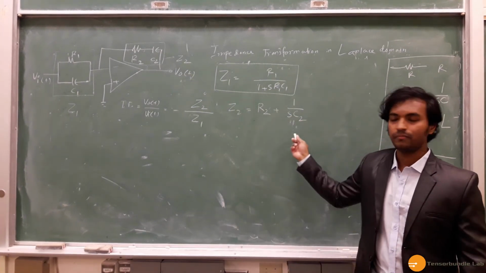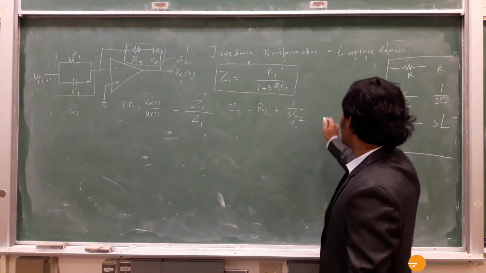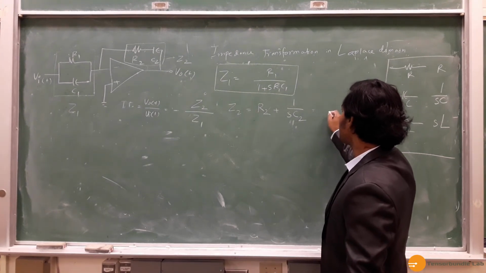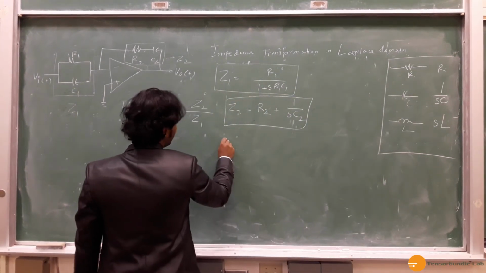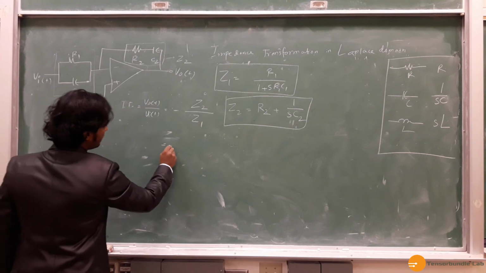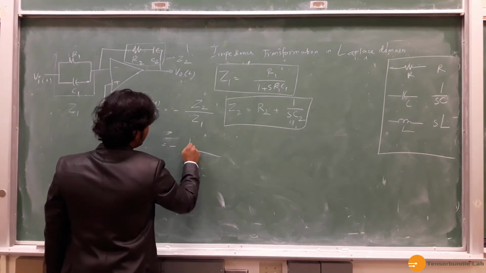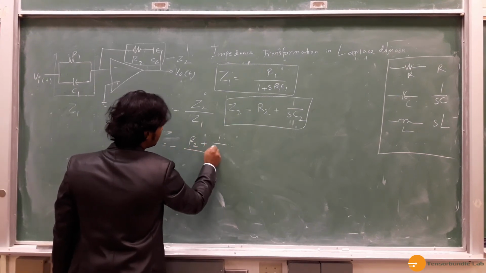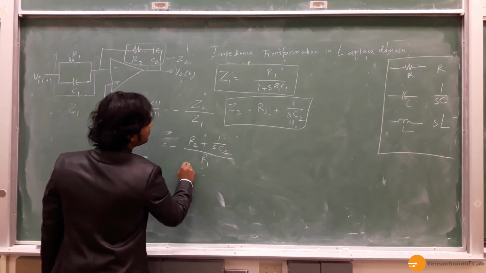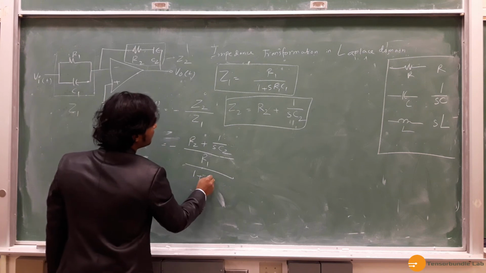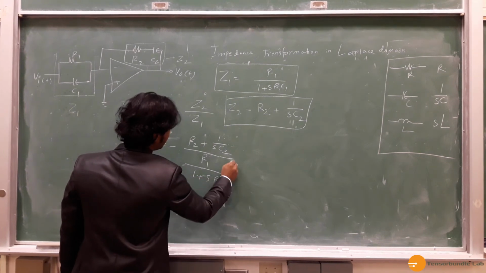Just add them together. Alright? You can simplify or you can just write it directly. It's up to you. The transfer function becomes negative of Z2, R2 plus 1 over SC2, divided by Z1, which is R1 over (1 plus S R1 C1).